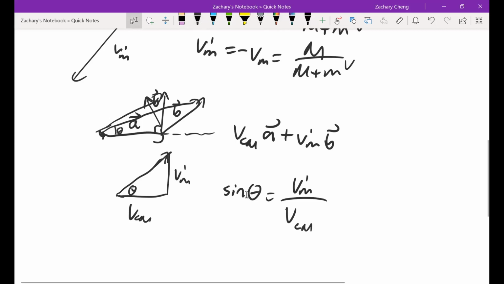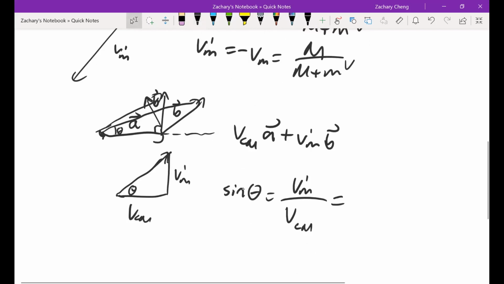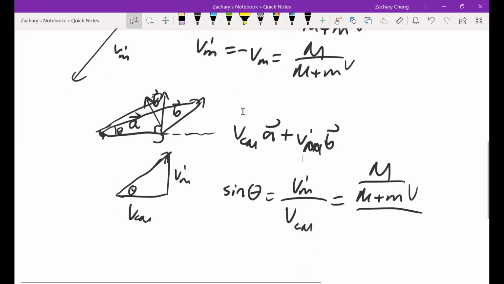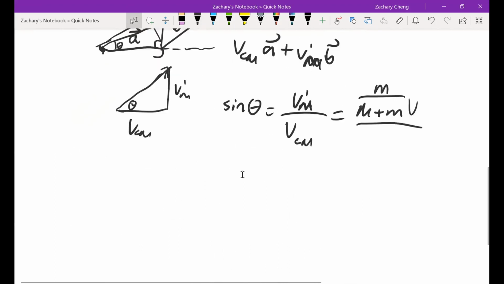And since vM prime is equal to small m over big M plus small m times v, oh, sorry, this should be v big M actually. I just messed up because of the big M and small m. This is a common mistake. So this would in fact be small m over big M plus small m times v, over VCM, and we go back and see that it's big M over big M plus small m times v.